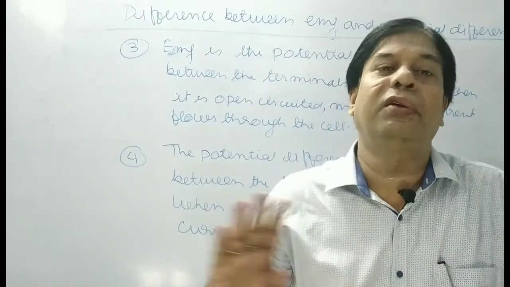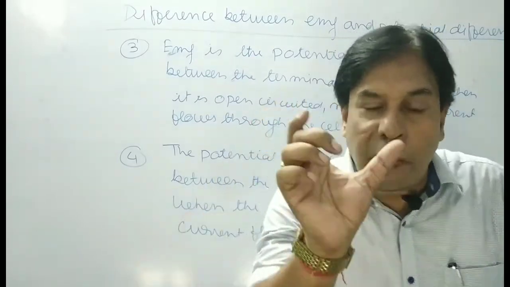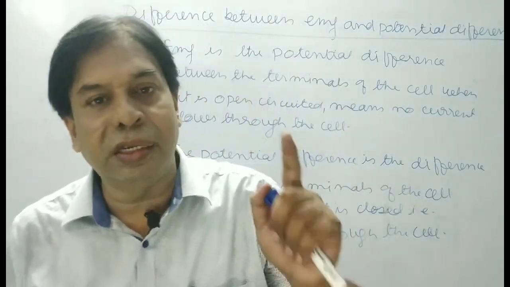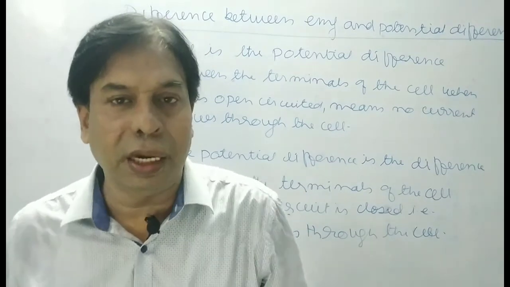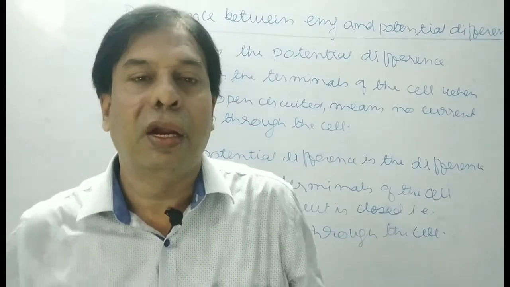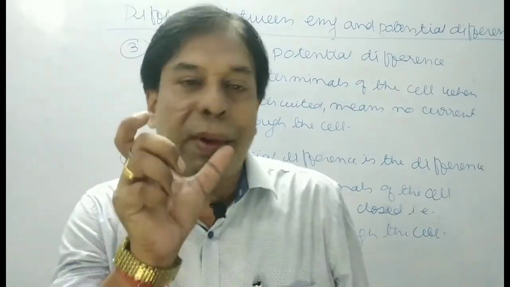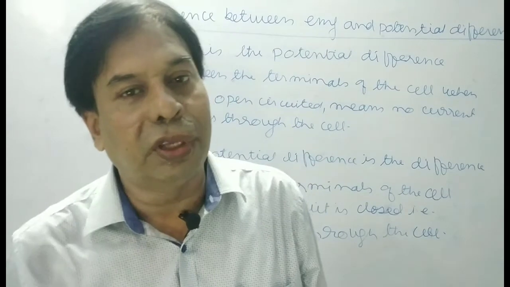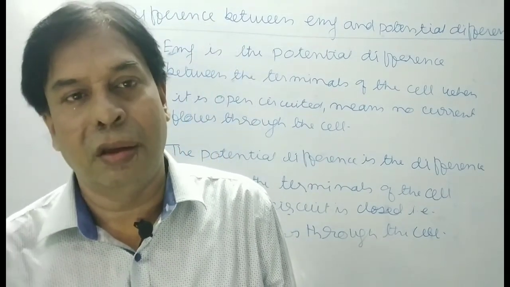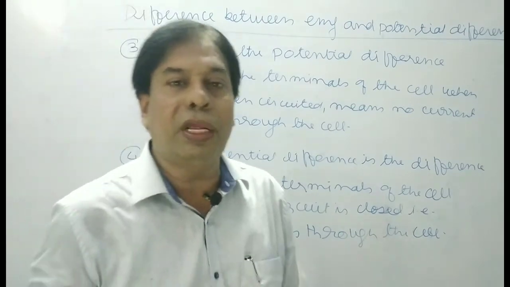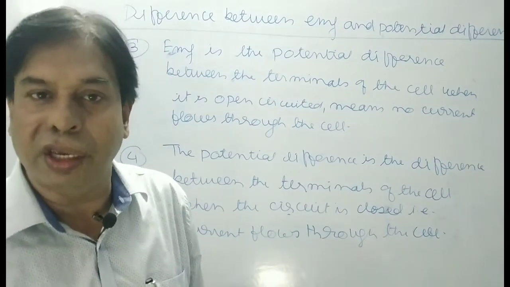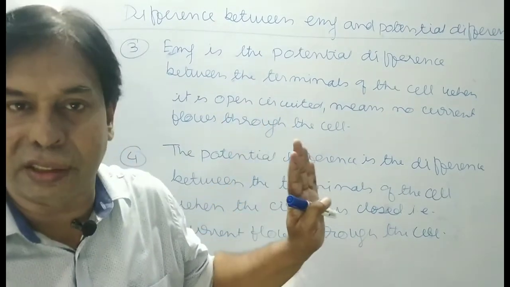It is not connected anywhere. उसका जो पोटेंशियल डिफरेंस होता है between the terminals of the cell, that is the EMF of the cell. उसी को जब सर्किट पे कनेक्ट कर देते हैं तो करंट यूज टू फ्लो, और उस समय जो पोटेंशियल डिफरेंस होता है वो होता है पोटेंशियल डिफरेंस ऑफ द सेल. इस चीज का सदा ध्यान रखिएगा. तो हम लोग देखेंगे कि पोटेंशियल डिफरेंस इज समवॉट लेसर देन द EMF. कितना लेसर होगा, दैट वी आर गोइंग टू डिस्कस.